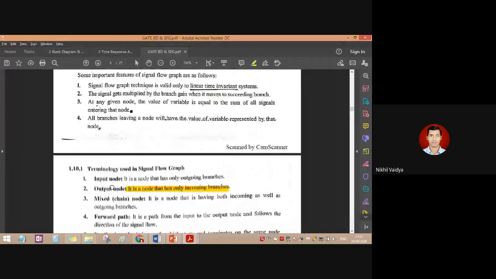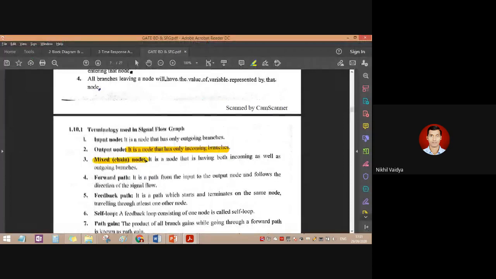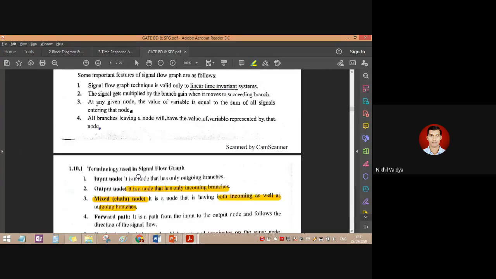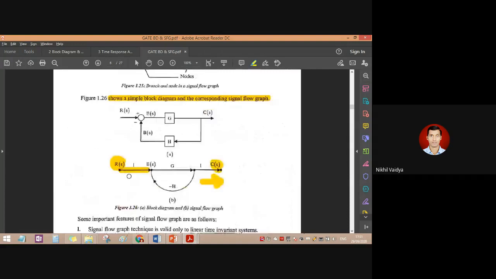Next, mixed node. What is the meaning of mixed node? A mixed node is a node that has both incoming as well as outgoing branches. Now see, which node here has both incoming and outgoing branches? E of s.